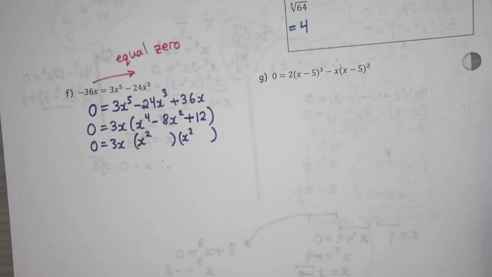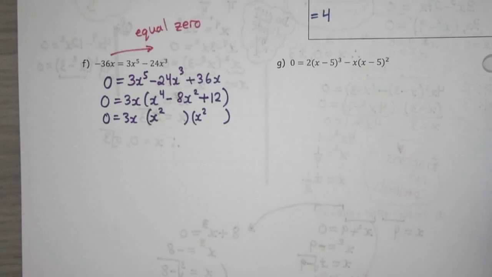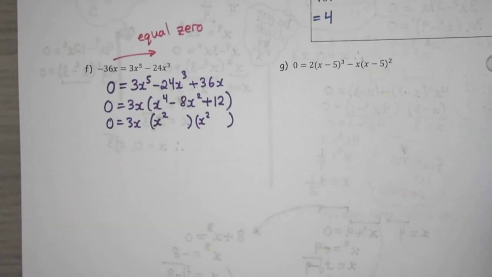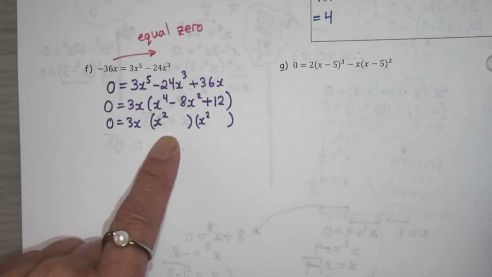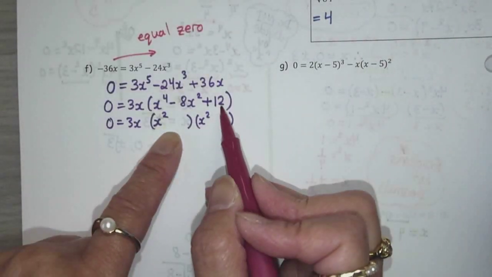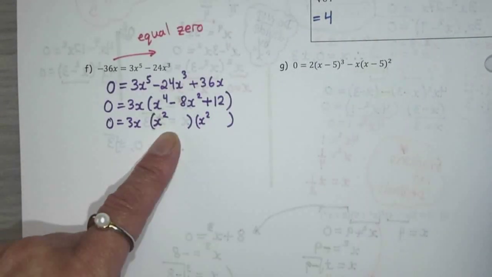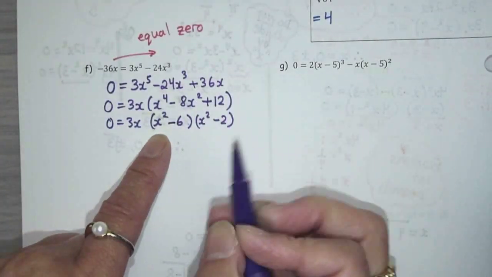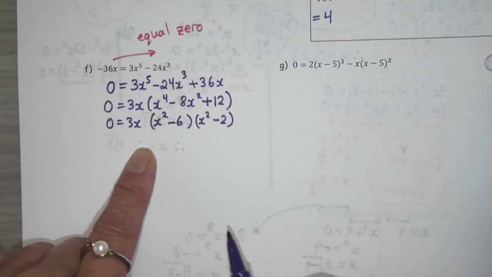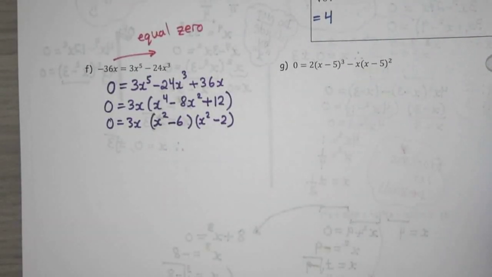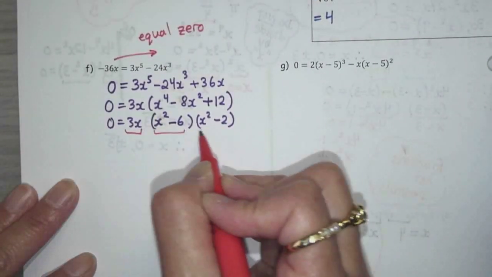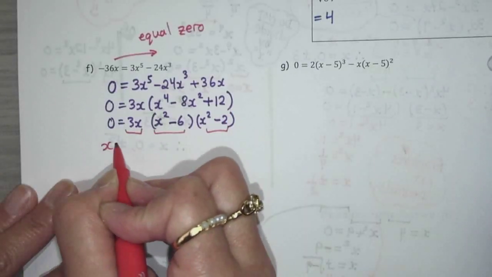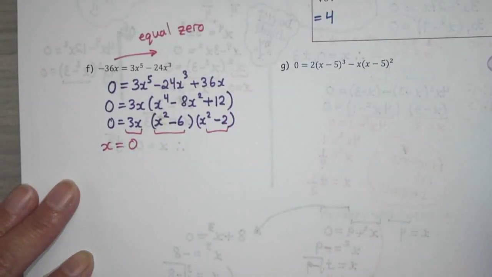Again, I'm trying to go through the hard scenarios, right? You wouldn't have recognized that. That is a trinomial. So you can factor it. Okay, so you can factor it. Multiplies to 12, adds to -8. So that gets me a -6 and a -2, and adds to -8. It's beautiful. Then I keep going. Right, so we keep going, and we're going to say, okay, this guy, and this guy. So we're going to get x equals 0 for that one.